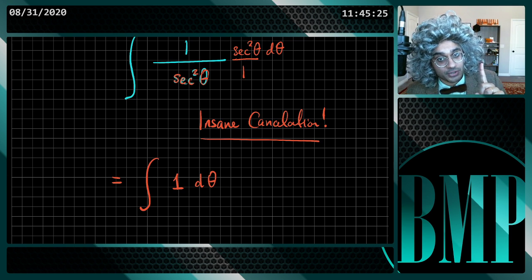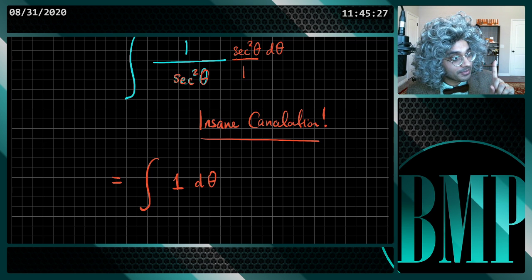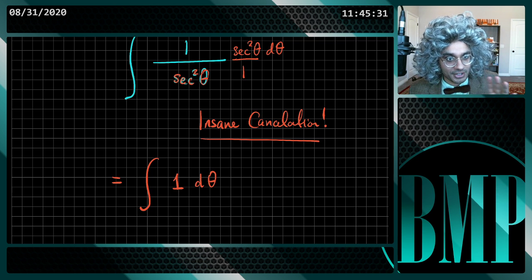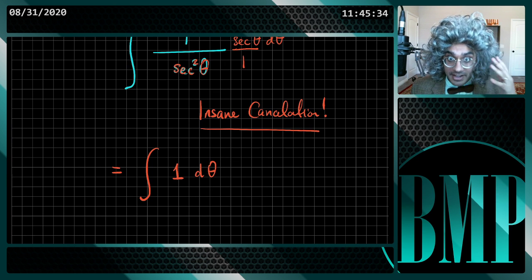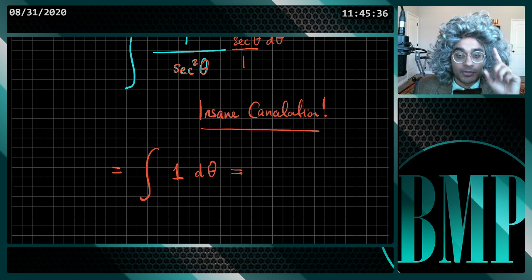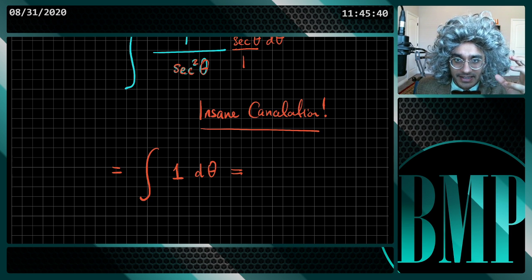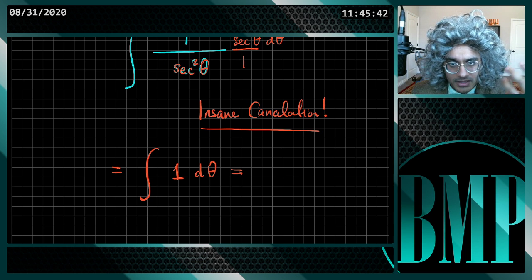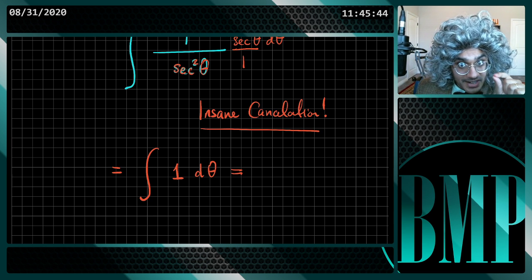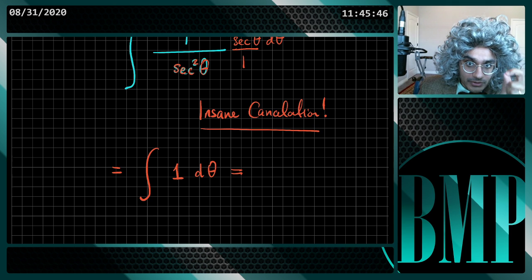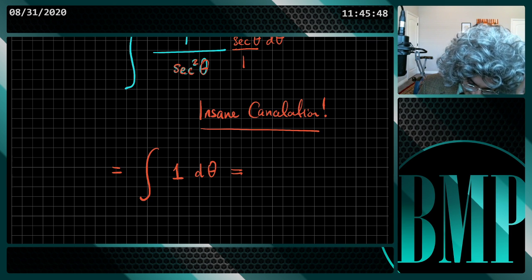Now that is satisfying, I must say. This is just brilliant. And now, remember, which variable is this problem in? What variable is operating? Theta. So the antiderivative of 1 with respect to the variable theta is theta.